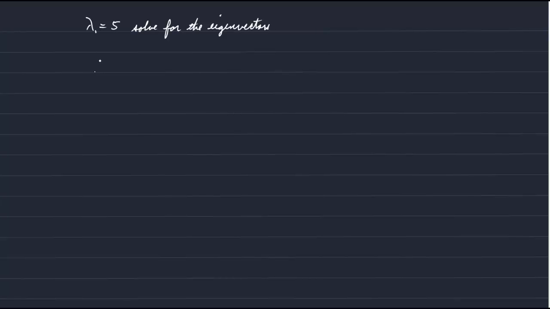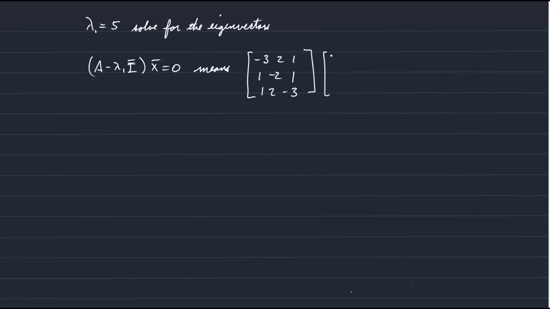And so A minus lambda I x equals 0 can be rewritten as minus 3, 2, 1, 1 minus 2, 1, and then 1, 2, minus 3, times x1, x2, x3 is equal to 0.